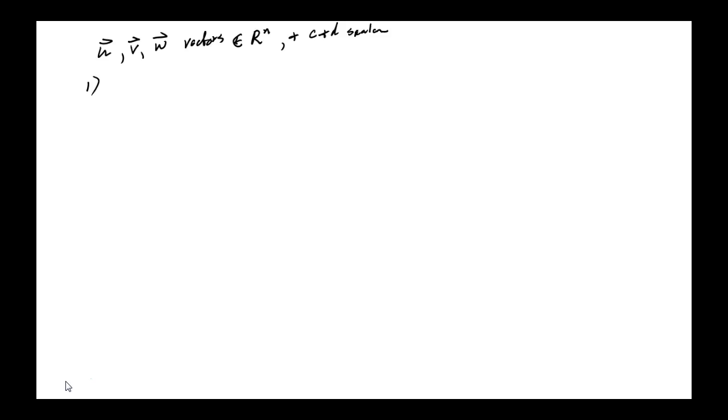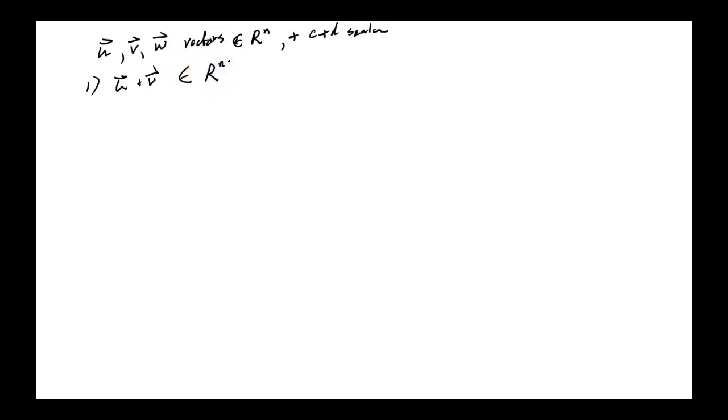So U, V, and W are vectors in space, and C and D are any two real number scalars. Here's the first one. The sum of U and V, and you saw that in our earlier example, has to be a vector in Rn.